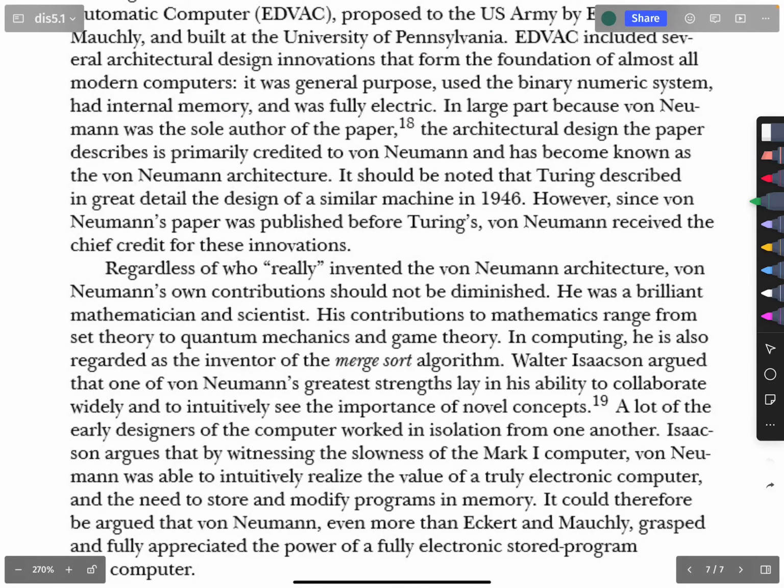Yeah, Turing described a similar machine. Turing had the concept of a universal Turing machine. This is in his mathematical model rather than a hardware model, so maybe that's the difference.